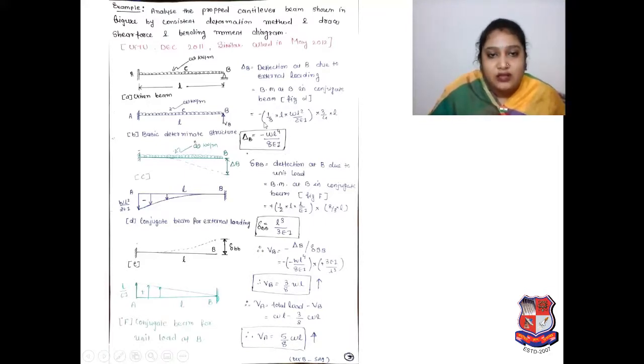So based on that, what is the value? It is downward, so minus 1/3 into length into WL square upon 2EI into 3/4 of your length. Okay, why? Because it is like a parabola. Then delta B is equal to minus WL raised to 4 upon 8EI by simplifying these terms.